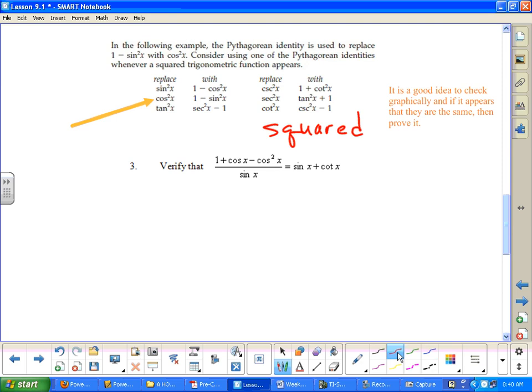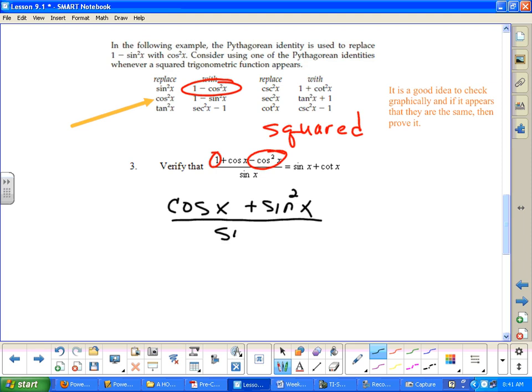So because I have this and the negative cosine squared, I could use that identity. So now I could rewrite it as cosine of x plus sine squared of x over sine of x. Oh, well, that was a step I had before, wasn't it?